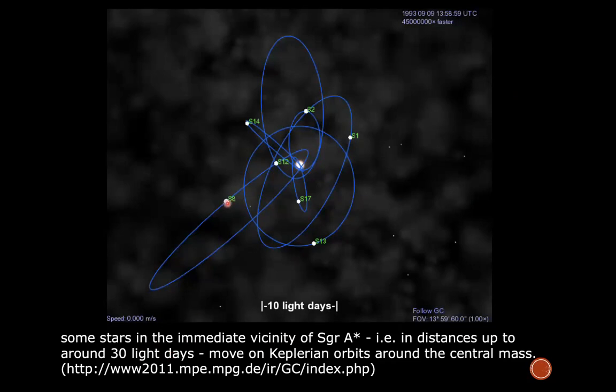All these stars have orbits such that when they are close to the center, they move very fast. To have this effect for all these stars, there should be a very huge mass at the center of our galaxy. So this is another way of predicting that there may be black holes.